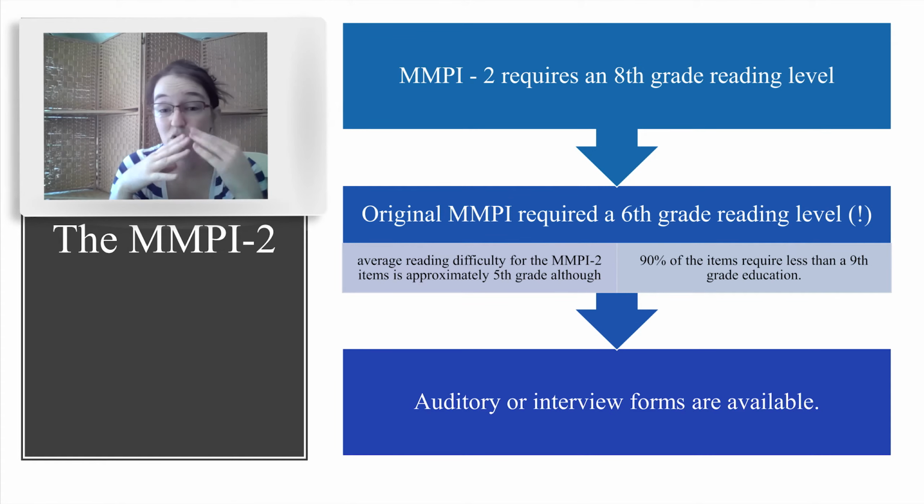90% of them require less than a 9th grade education, and the idea here is that you don't want your test to capture things other than the construct you're interested in measuring.